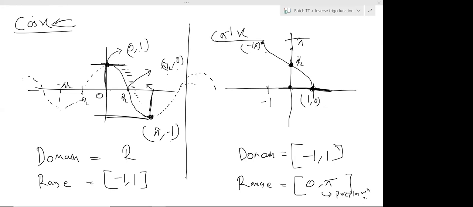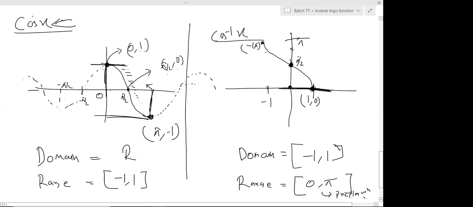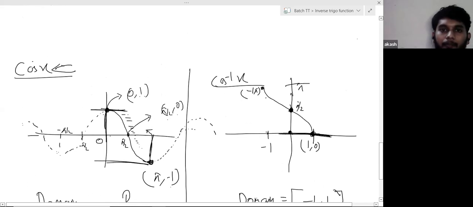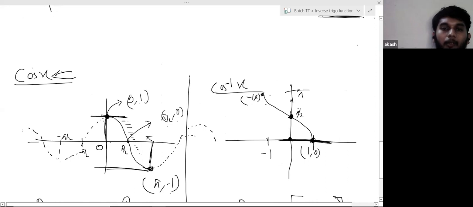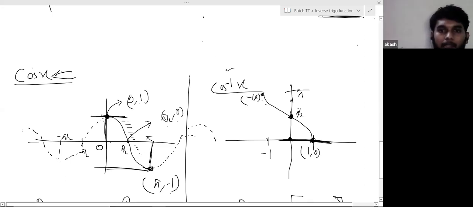So is there any way the cos x graph will cross the origin? Cos inverse won't cross the origin, but cos x does, right?